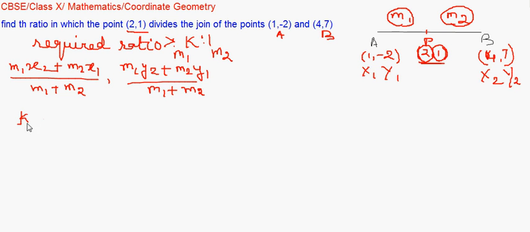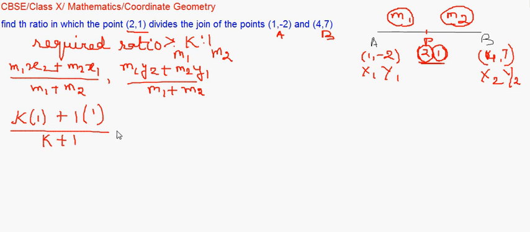So m1 is k with x2 is 1, and m2 is 1 and x1 is 1, by m1 plus m2, that is k plus 1.